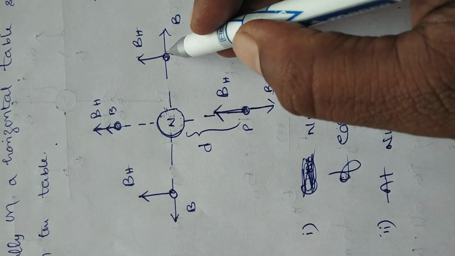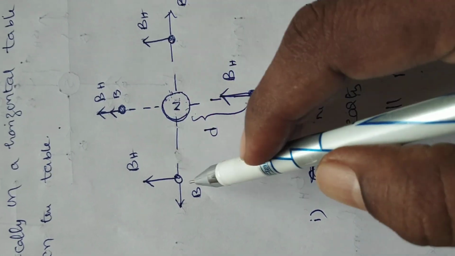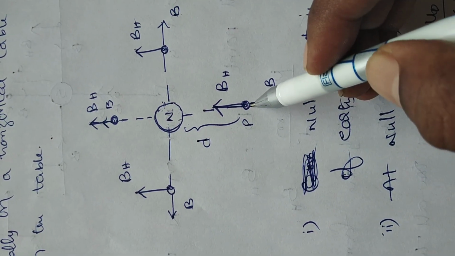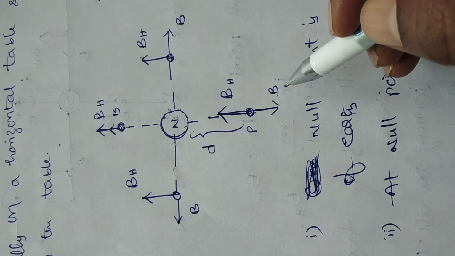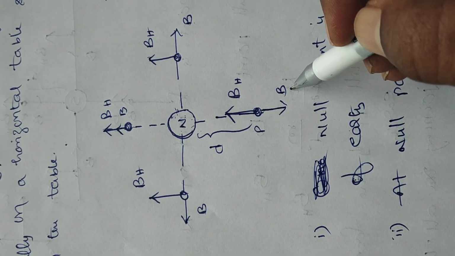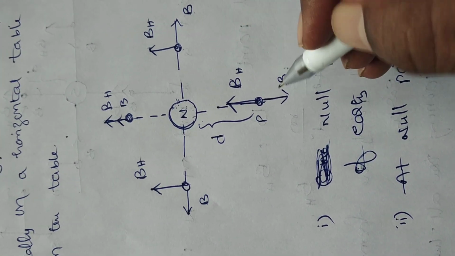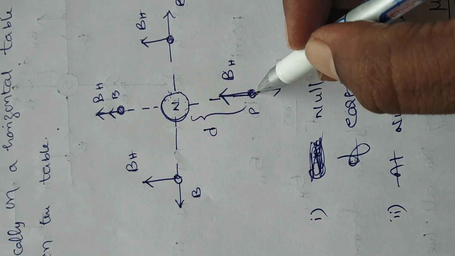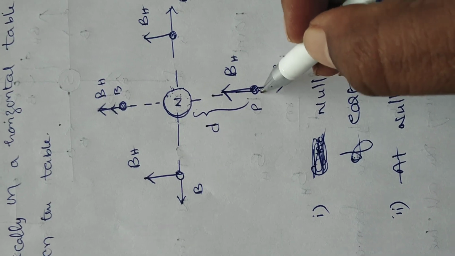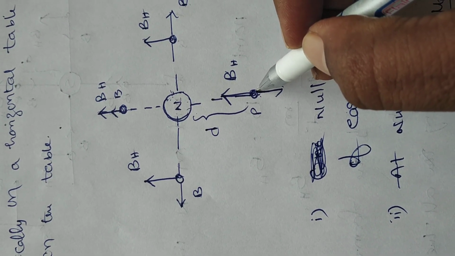Here this is not possible. B and BH are both anti-parallel at one point. If B is equal to BH, the net magnetic induction at P becomes 0. That's why the point P is called the null point.